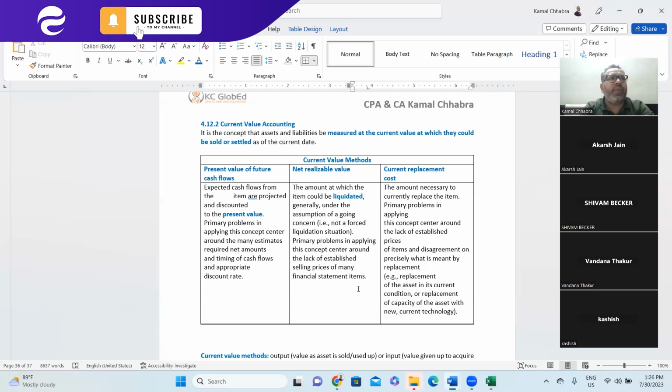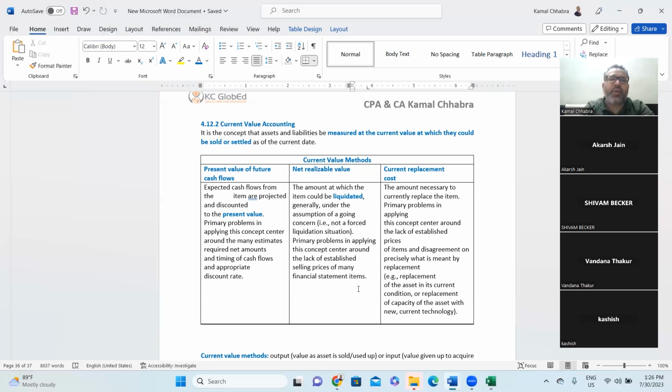Same way, if you have machinery with a production capacity of 100 metric ton per day, and you purchased that machinery 5 years ago, now if you have to purchase that machinery today, what will be the cost you'll be paying? That is generally considered the replacement cost for the same machinery with the same production capacity, right?